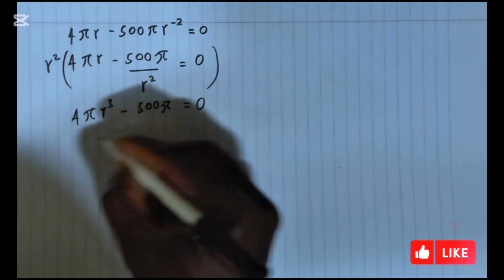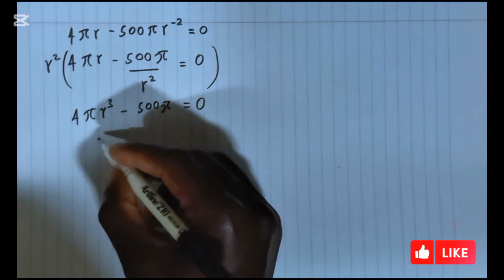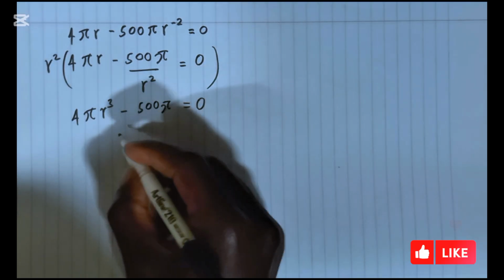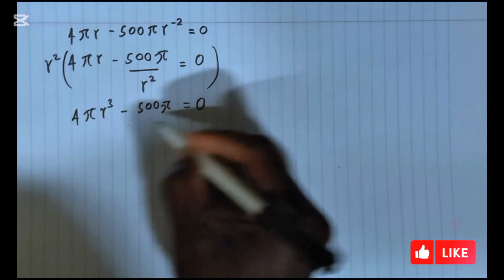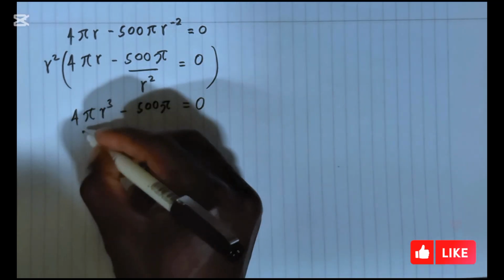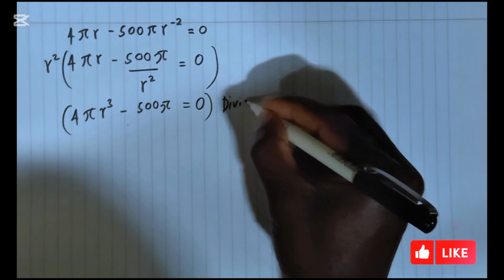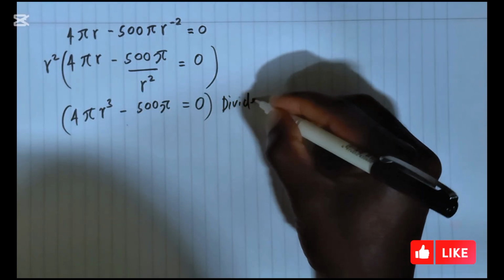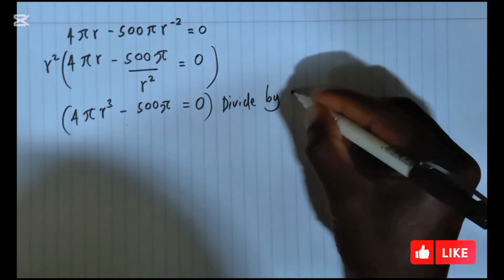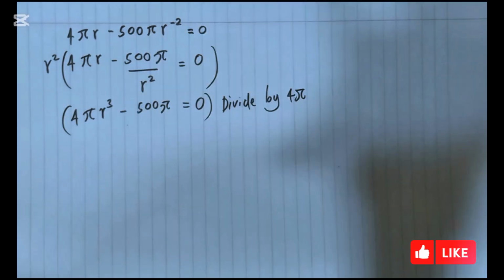So we can go ahead here and simplify these two terms by dividing all the terms by 4 pi, as that is a common factor.